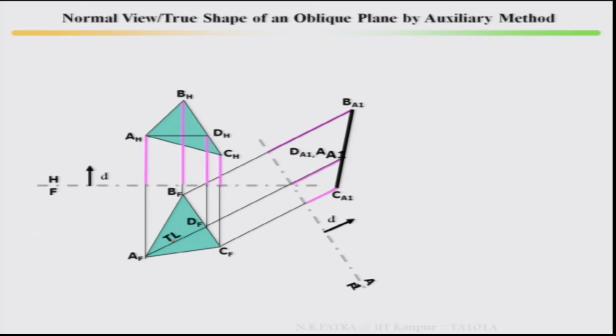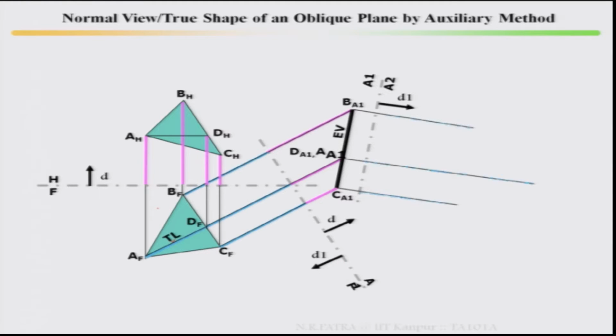It will be an edge view. Then, with respect to the edge view, draw another auxiliary plane at any distance from the edge view, and from there, mark all the points, using the distances D1 from the opposite view, and locate them.